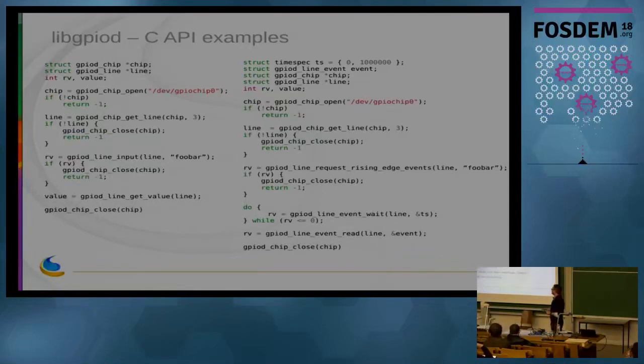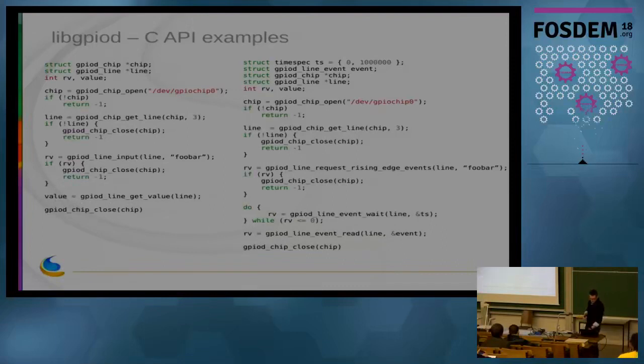Then you do a get line, which gives you the line info, and you can use a couple of accessors on that to get the regular information, like the consumer and label. And you can easily wait for events without using the system call, using the provided helpers for that.